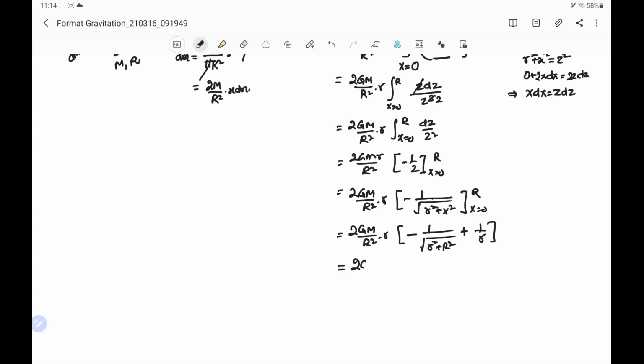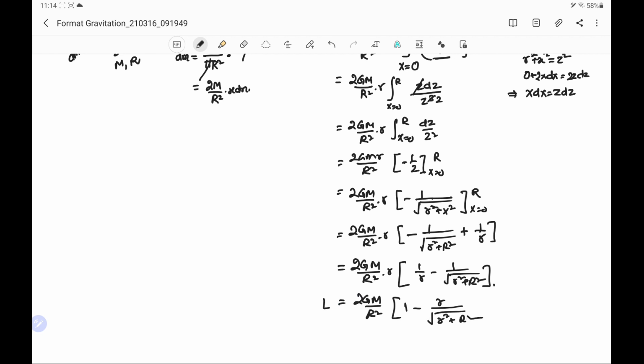Hence we can finally write it as 2GM by R square into r times (1 by r minus 1 by root of r square plus R square). If we take this r inside, it will give 2GM upon R square times (1 minus r upon root of r square plus R square). We can remember this in this form.